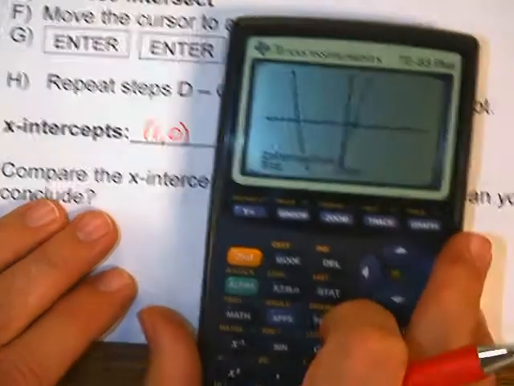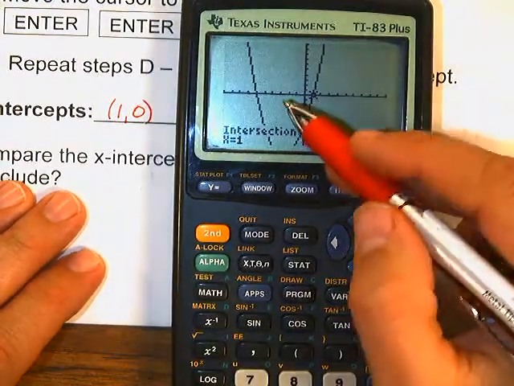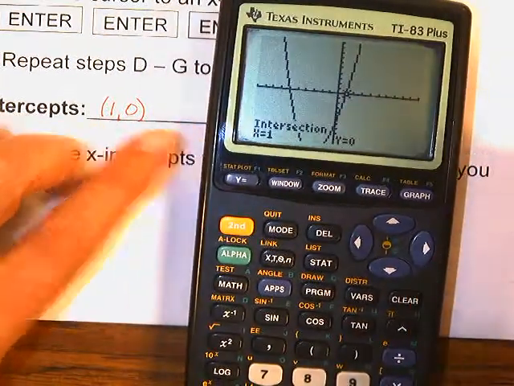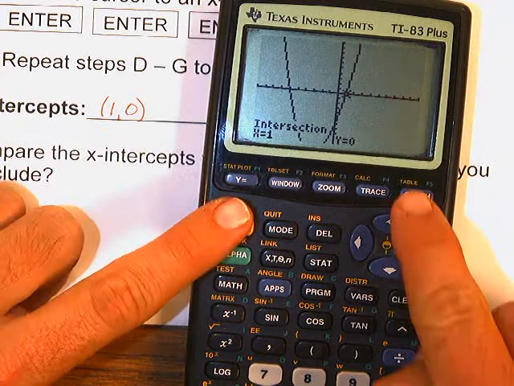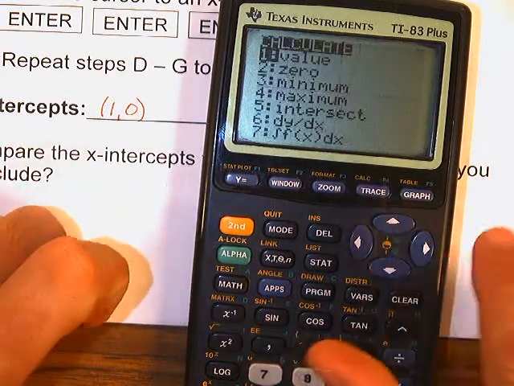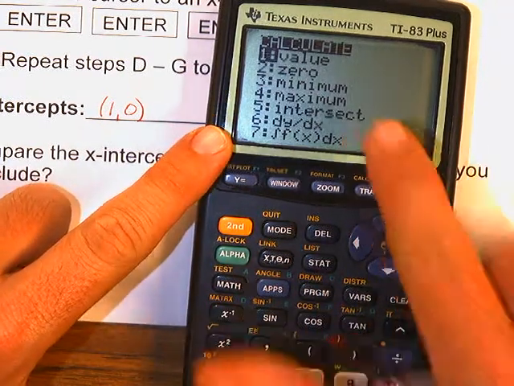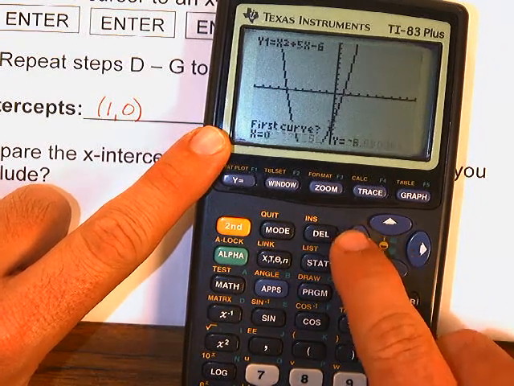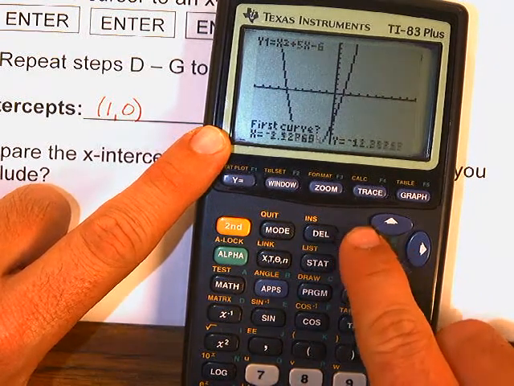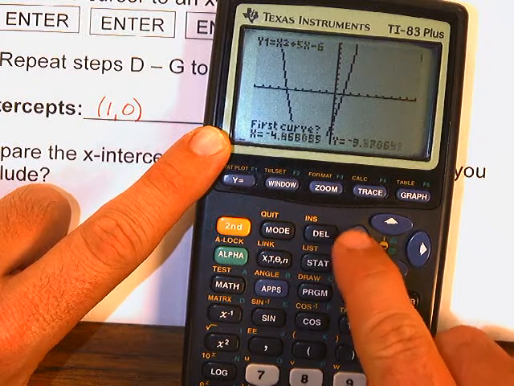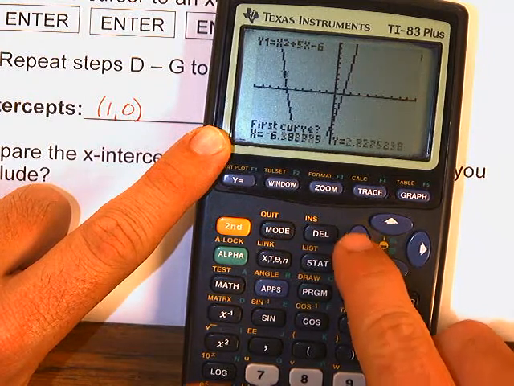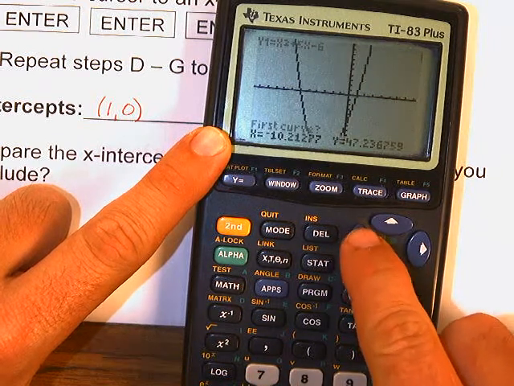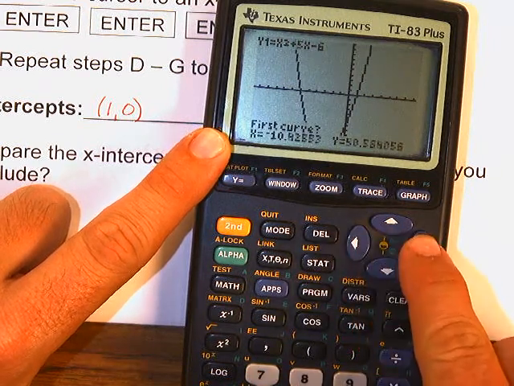But now, looking at our graph, we have 2 x-intercepts, or 2 solutions. So to find the other one, I have to hit second calc again. We're looking for number 5, and now move the cursor close to the other intersection. Oops, I passed it.